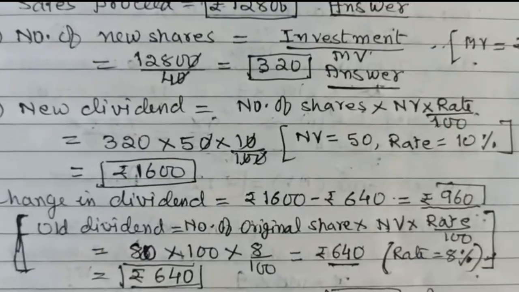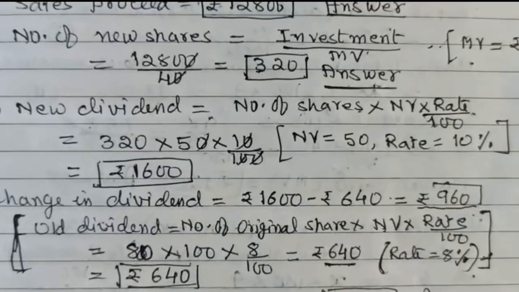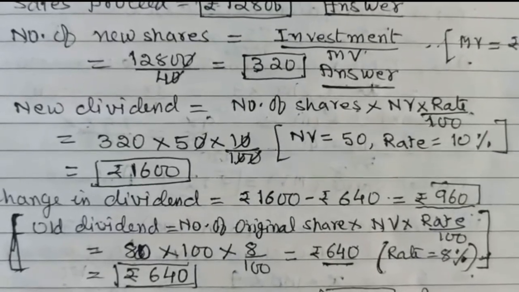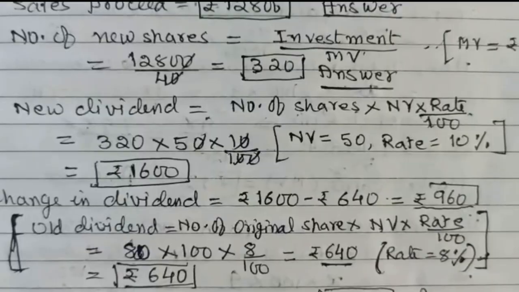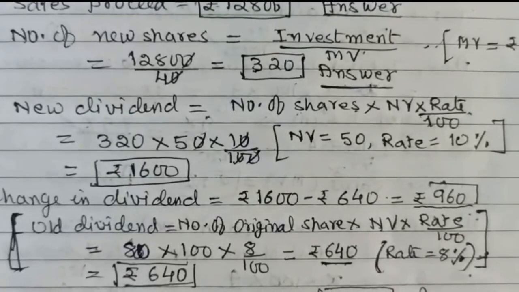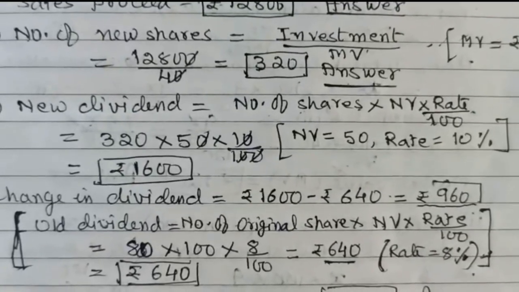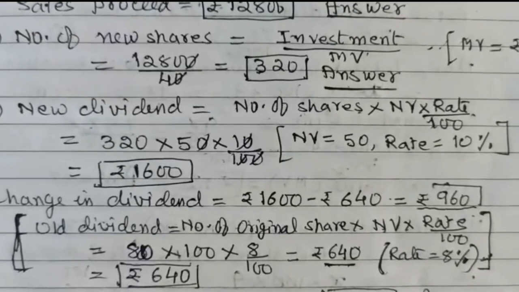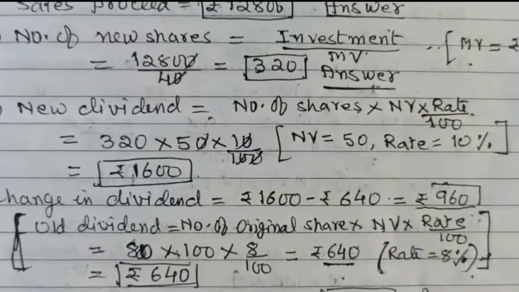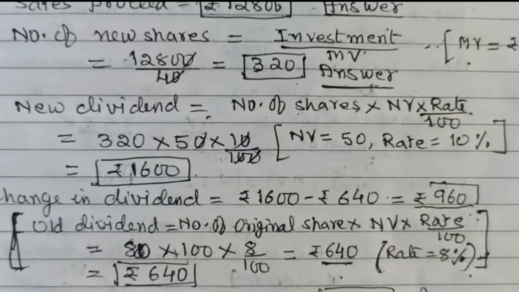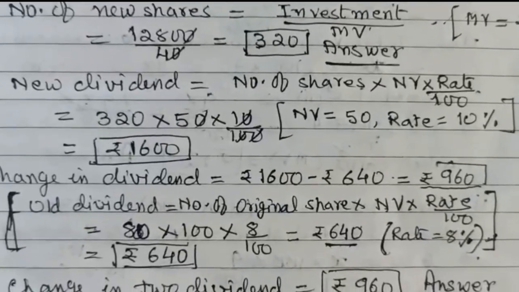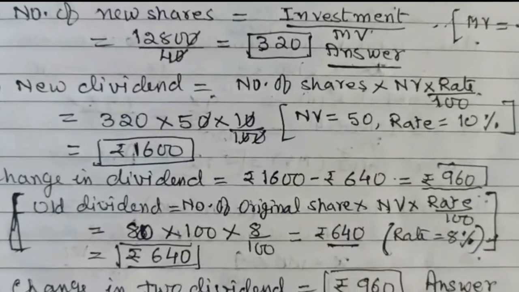So therefore, the new dividend is number of shares which he has bought, which is 320, nominal value is 50 and the rate of dividend is 10. So the new dividend is 320 multiplied by 50 multiplied by 10 divided by 100. We get rupees 1,600.